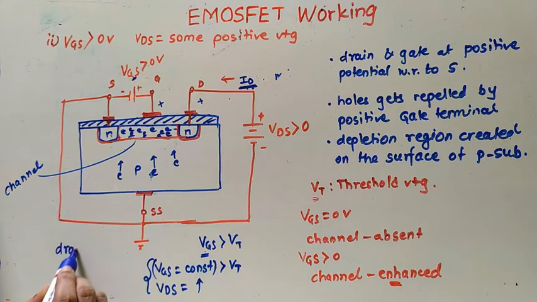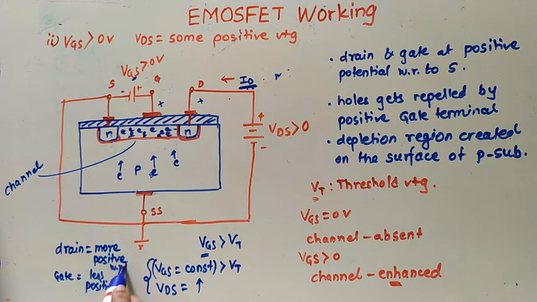Drain is more positive and the gate will be less positive with respect to drain.